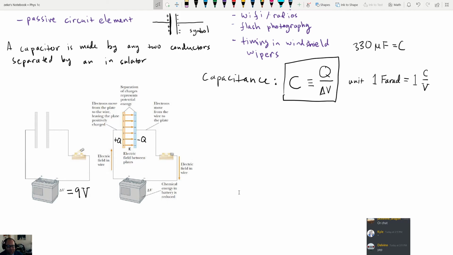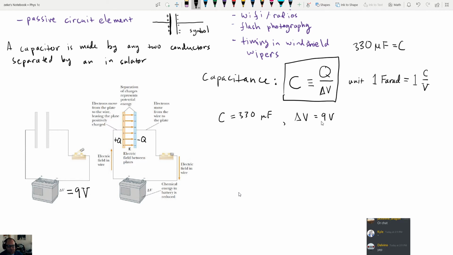And the larger the value of the capacitance, the more charge that you can store. Okay? So let's say, for example, I have a capacitor that has this value, 330 microfarads. And let's say that I connect it up to a battery that has a voltage of, say, 9 volts.